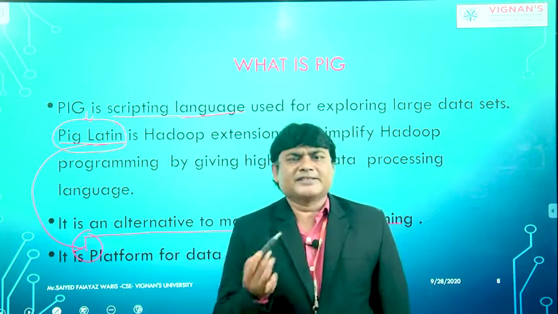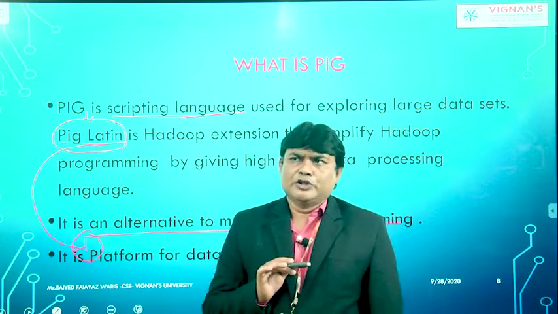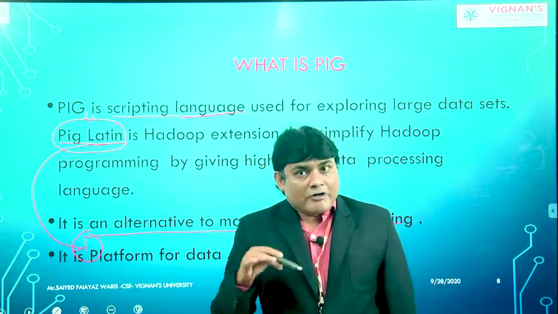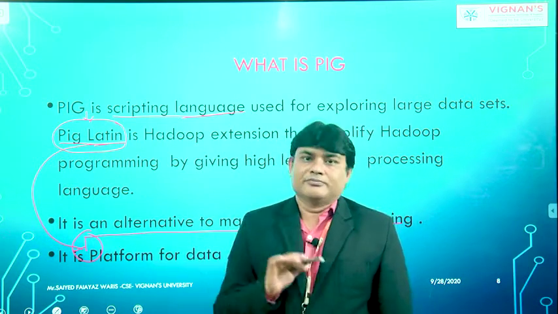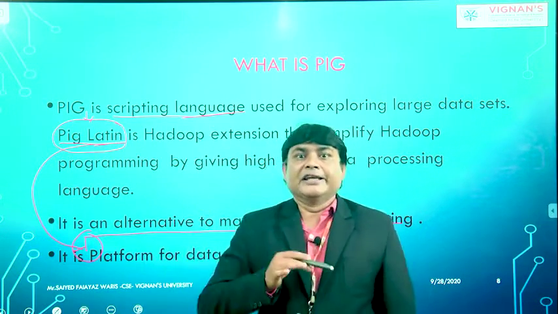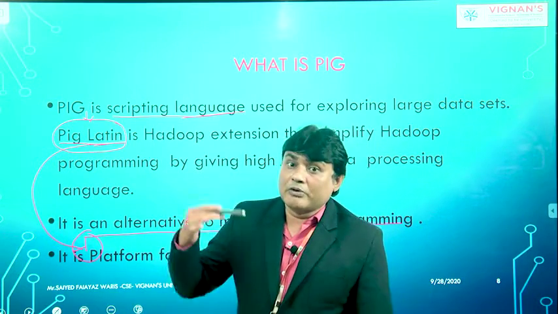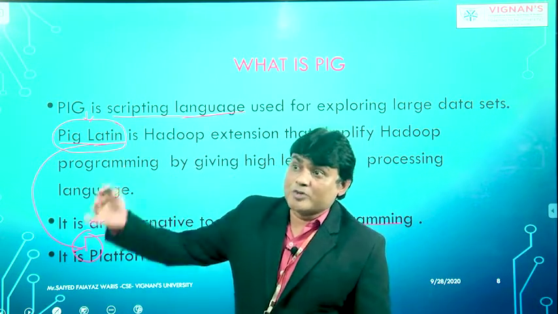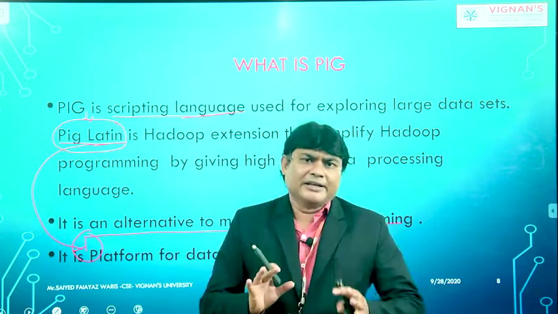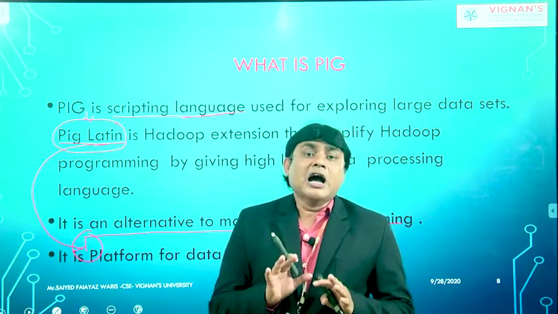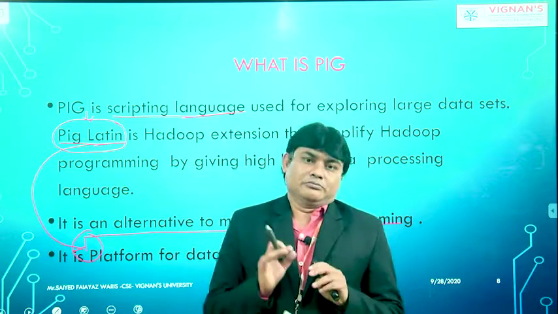Text is what? It is unstructured data. If I want to analyze the tweets, what kind of tweets you are getting daily, which tweet is very famous today, what kind of people are thinking about the product, if I want to analyze Twitter data, I can use the Pig tool.